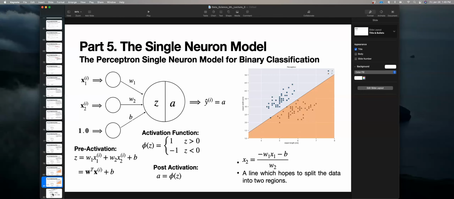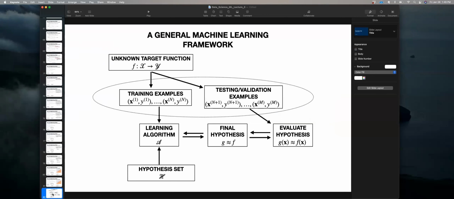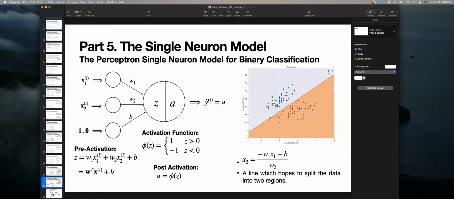We haven't really talked about where the weights come from, and how this relates to the general framework that we built up earlier. Notice that W1, W2, and B are real numbers. So for any given choice of W1, W2, and B, we have a function that will make predictions on input features, input signals.